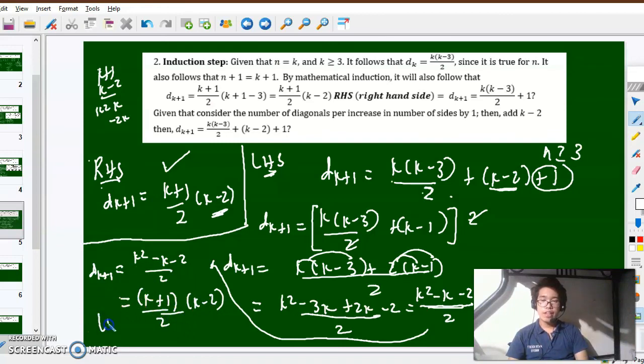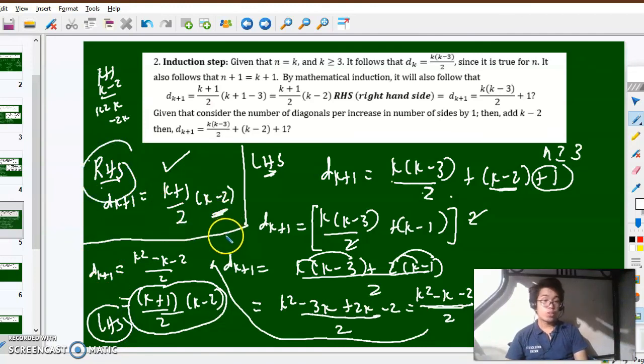So this is the left hand side. This is the formula: k plus 1 all over 2 multiplied by k minus 2. And we also proved that it is equal to the right hand side. The right hand side is also k plus 1 all over 2 times k minus 2. And therefore, they are the same. Therefore, this formula holds true for k such that k is greater than or equal to 3.